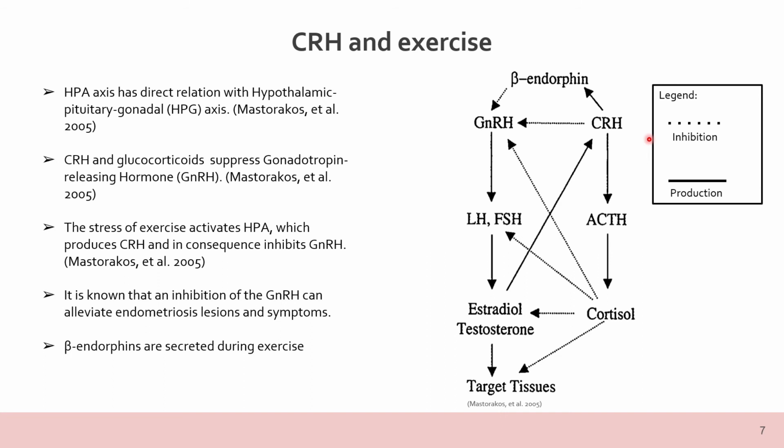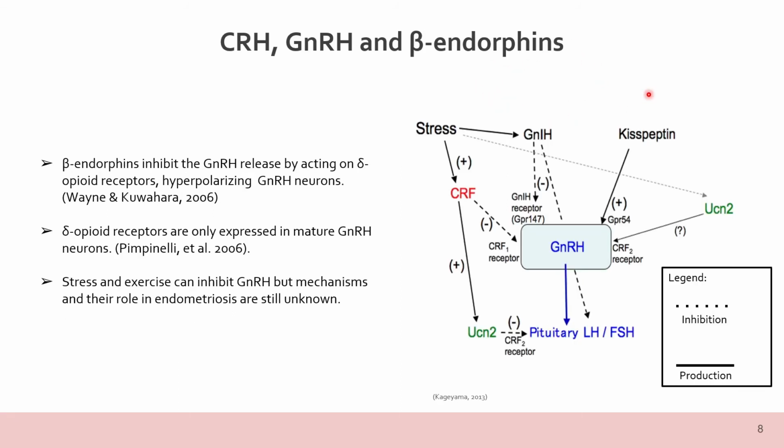Here's a good time to remember what we talked about earlier about the mechanism of action of Lupron, which works by inhibiting gonadotropin-releasing hormone by a negative feedback inhibition. Another factor to consider is that during exercise, beta endorphins are secreted. Beta endorphins are the natural painkillers of the body, and they can act on delta opioid receptors of gonadotropin-releasing hormone neurons to cause hyperpolarization and inhibit secretion of gonadotropin-releasing hormone.